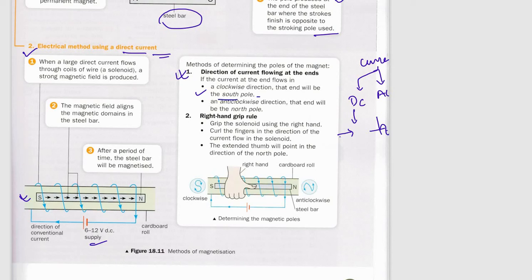You have to keep your eye and look from this side, and if you look from this side, the current is flowing clockwise. That's why at this side the south pole will be generated.